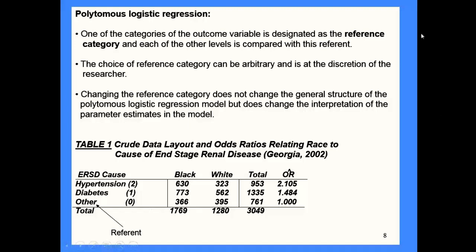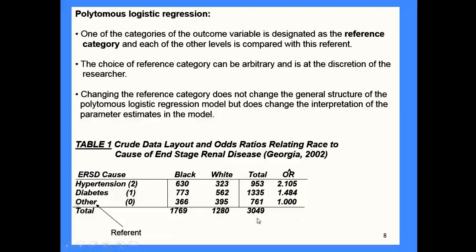For the purpose of this discussion, I'm going to make the other reason for having ESRD, end-stage renal disease, the referent category. And the other two categories are hypertension and diabetes.